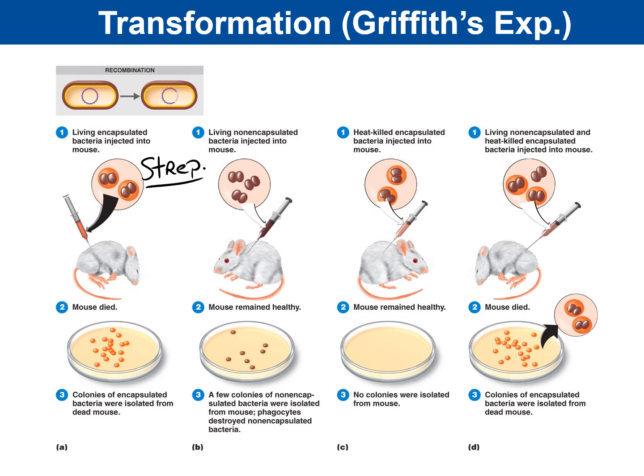Griffith was growing Streptococcus pneumoniae on plates, and when he looked at the colonies, he described them as having a smooth appearance. And this is due to the fact that Streptococcus pneumoniae surrounds itself in a capsule like we see here.